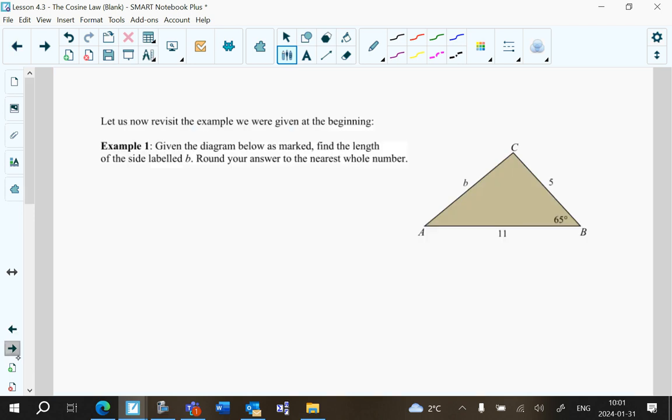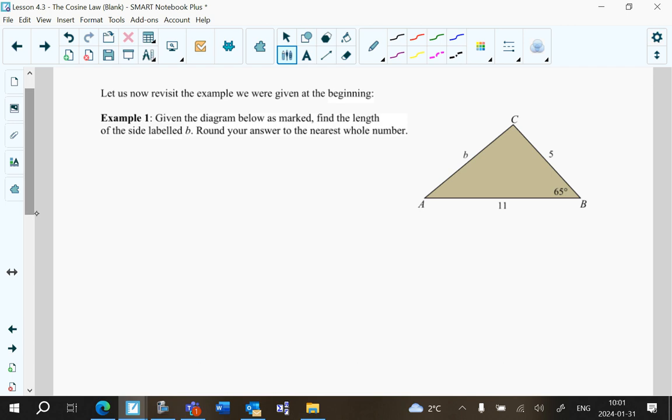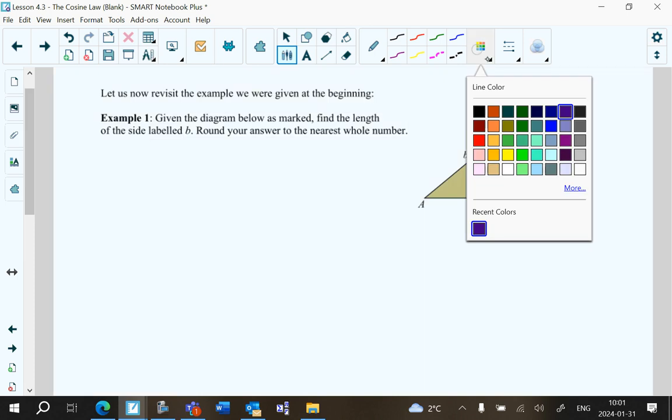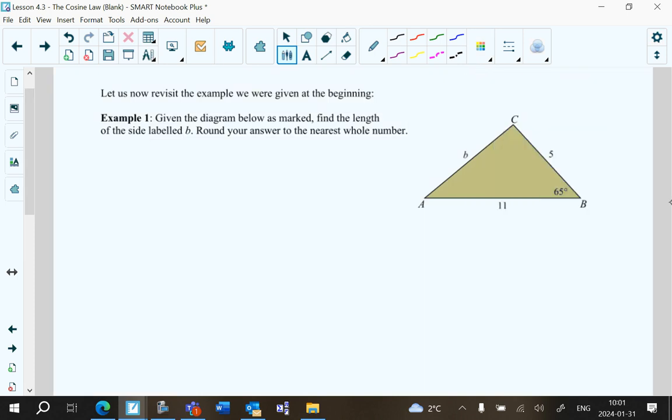Okay, so let's go back to that example. Notice the situation, two sides and the angle between them. That's cosine law. So we have to use cosine law, and we've got to set it up.